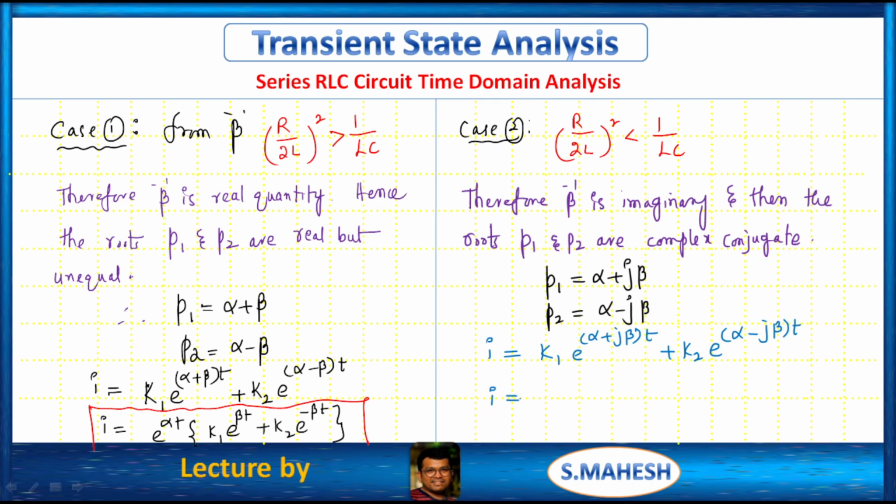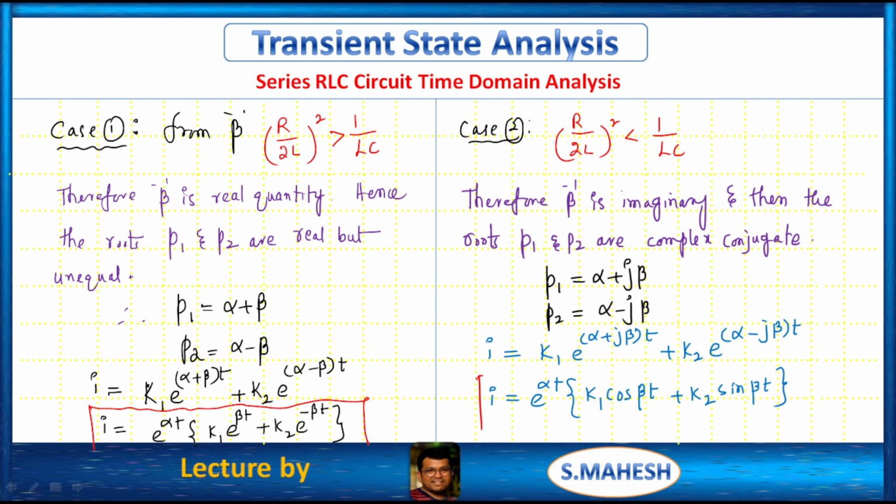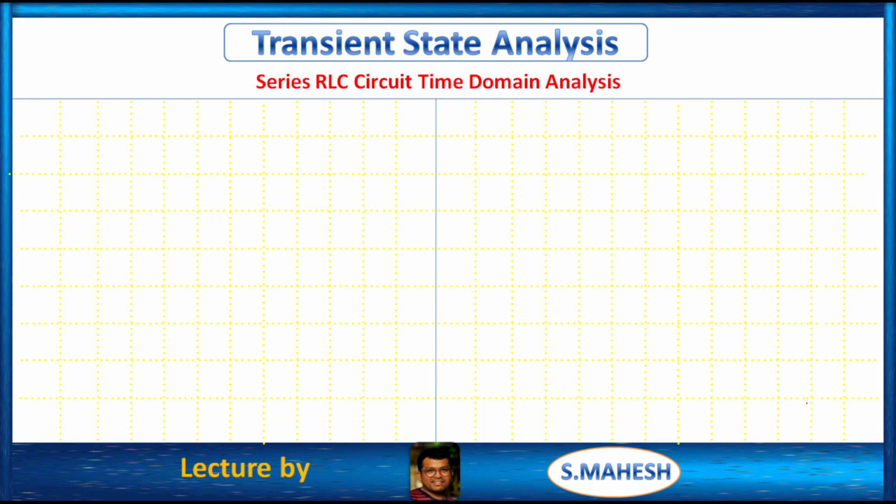We can get I equal to e power alpha t into K1 cos beta t plus K2 into sin beta t. That's it. This is for case 2. Next we will discuss case 3.